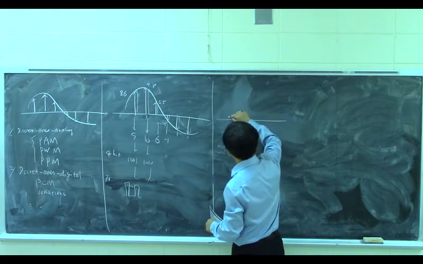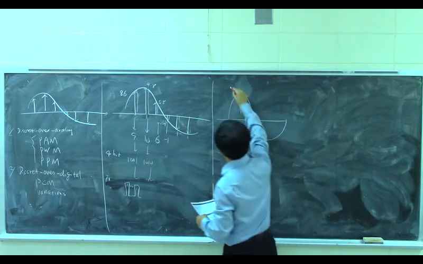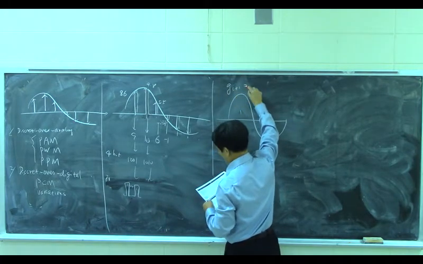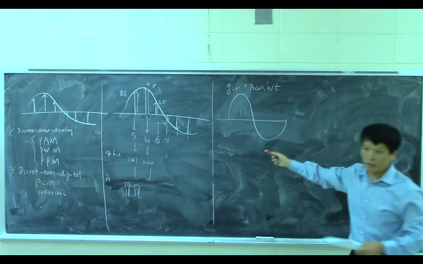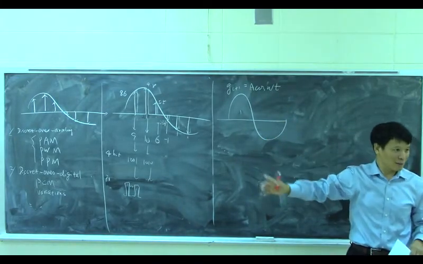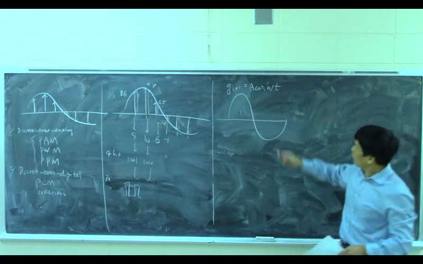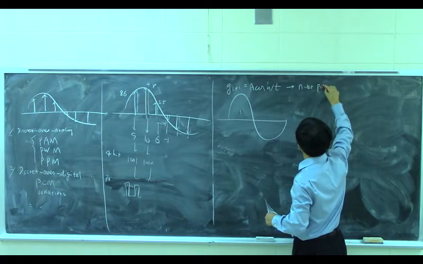Suppose I have an analog signal like this, represented by g(t) equals A times cosine omega t. Very simple. We do not usually transmit cosine functions. I want to convert this into an n-bit PCM.